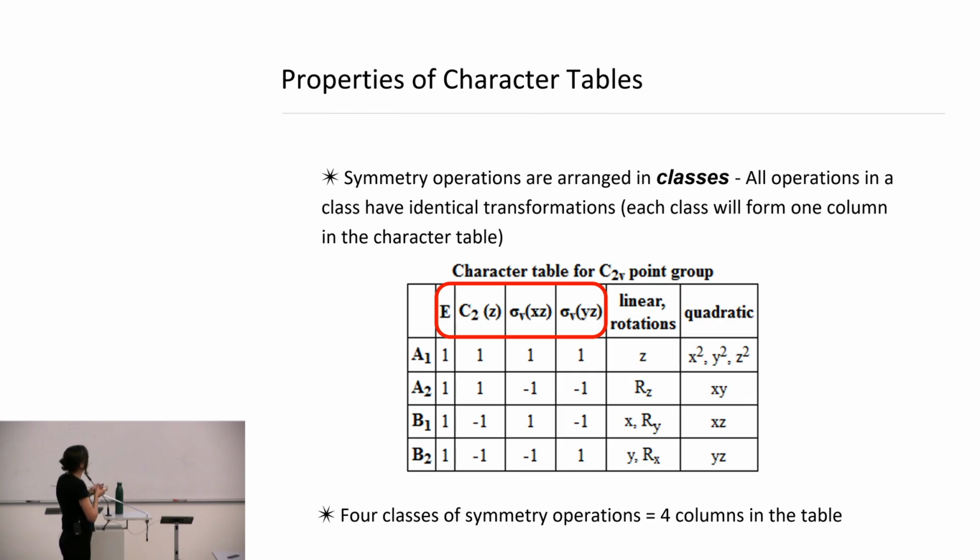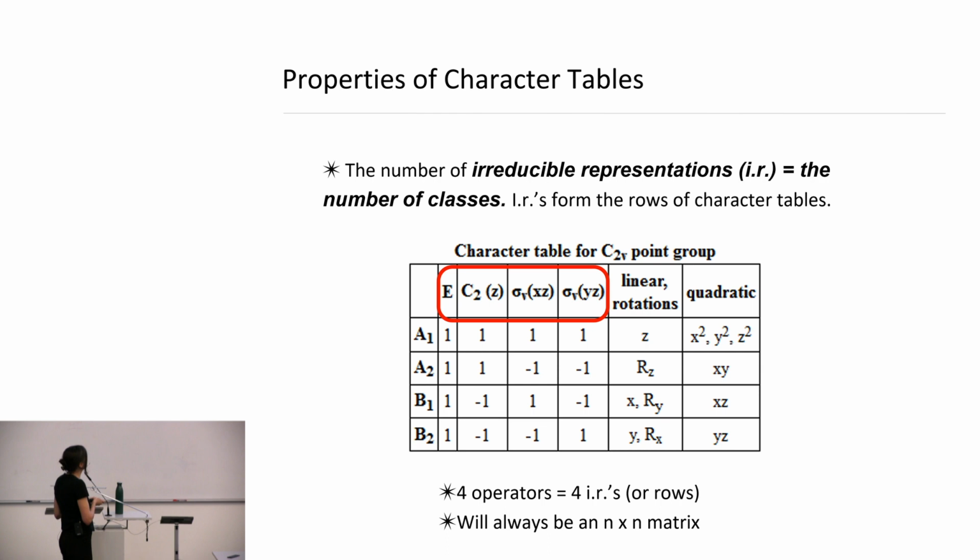So we have 4 classes, and each class gives us 1 column in the table, right? And this has important constraints because the number of classes equals the number of irreducible representations. So if we have 4 classes of operations, there will always be 4 irreducible representations.